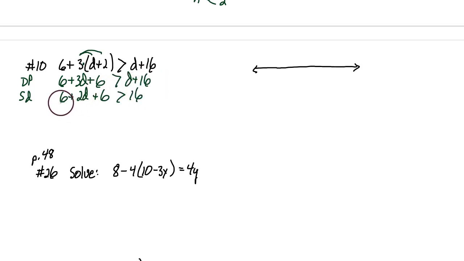The next thing I notice is on the left side there's a 6 and another 6. And 6 plus 6 is 12. So let's subtract 12 from both sides. We get 2d is greater than 4. Therefore, d is greater than 2. The graph has a 2 with an open dot and shading to the right.